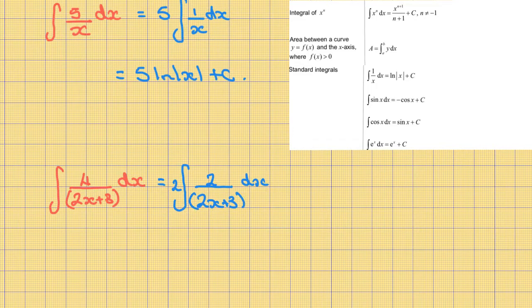If we take a closer look at this, the numerator is the differential of the denominator. That means you get log of the bracket. So this is equal to 2 log 2x plus 3 plus c.